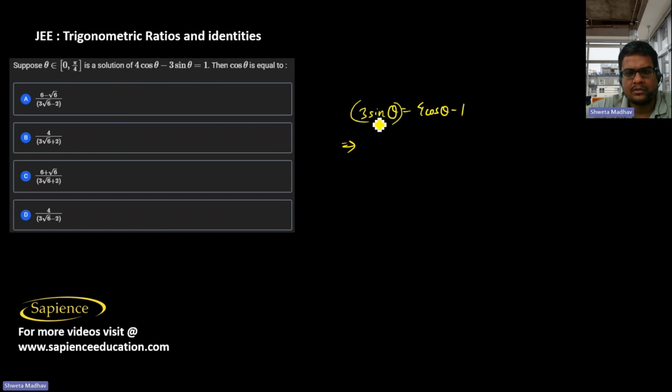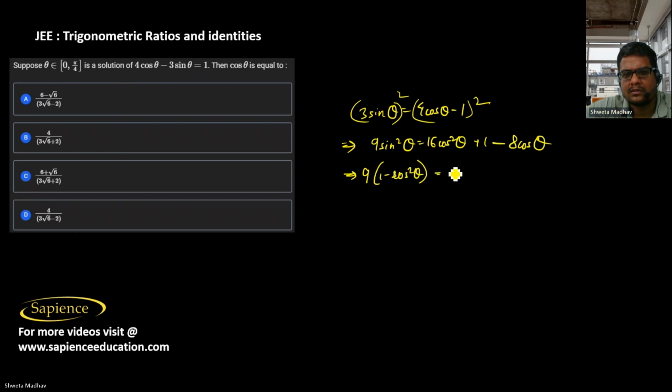Then we square both sides. So it will be 9 sin square theta equal to 16 cos square theta plus 1 minus 8 cos theta. I can write this as 9 into 1 minus cos square theta equal to 16 cos square theta minus 8 cos theta plus 1.